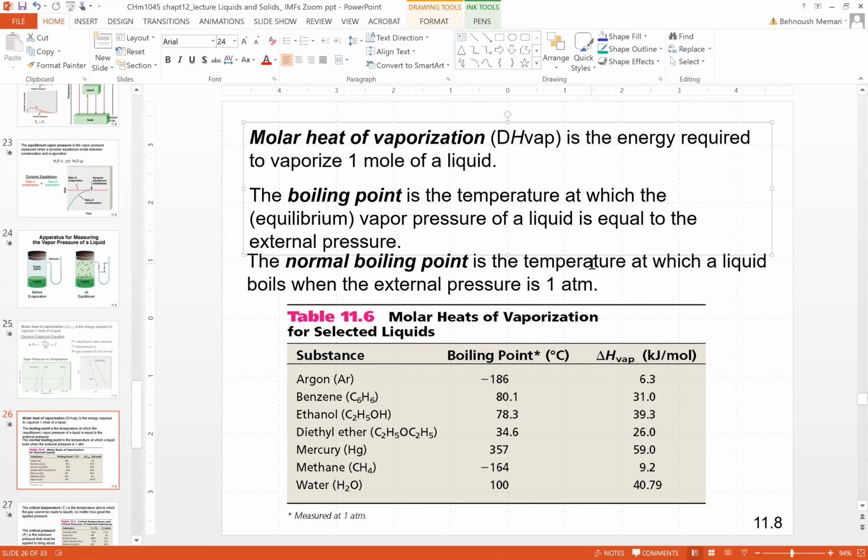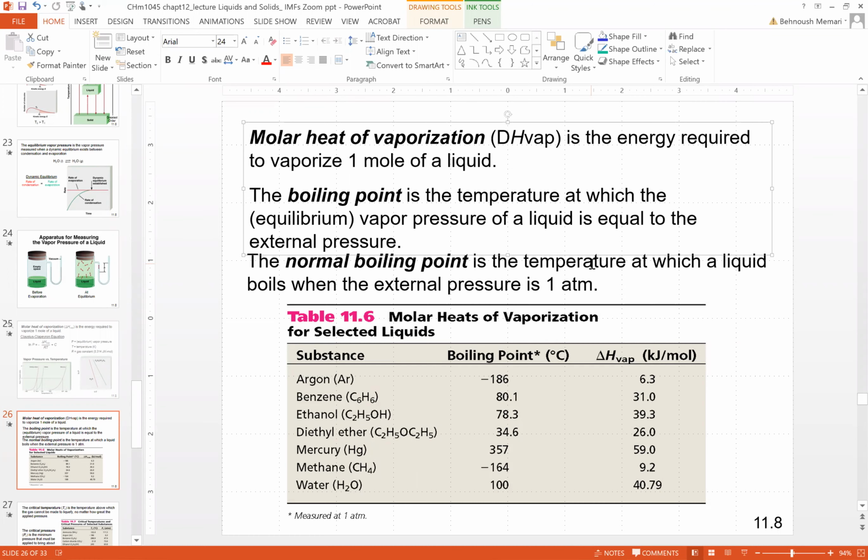So boiling point can be measured at different external pressures, but that is not going to be standard. The standard one is when they keep the pressure constant, and then they only write those numbers in the books based on the normal boiling point.